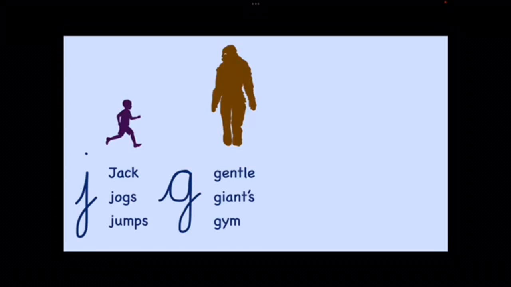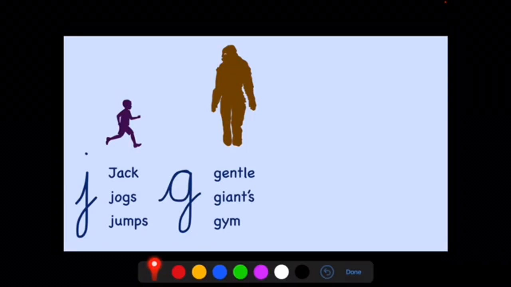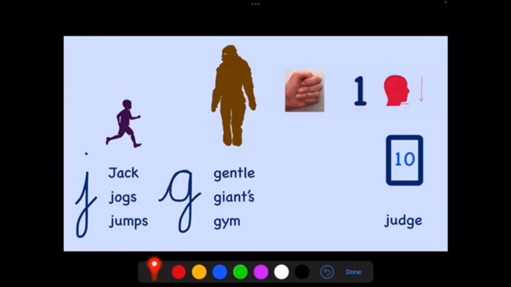But we would say J if the letter G was followed by E, I, or Y. And this time we had a story about Jack, who jogged and jumped at the gentle giant's gym, to remind us that J is written with a J if it's followed by A, O, or U. And then, if we heard J at the end of a one-syllable word with a short vowel sound, we wrote it D, G, E, like the word judge.